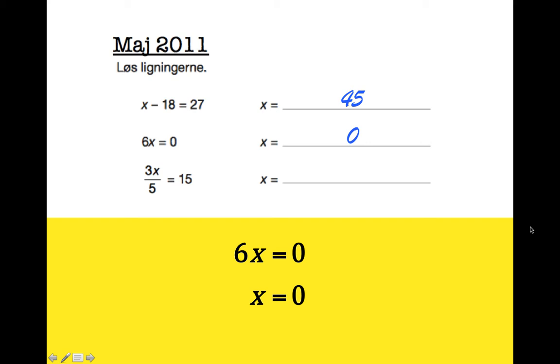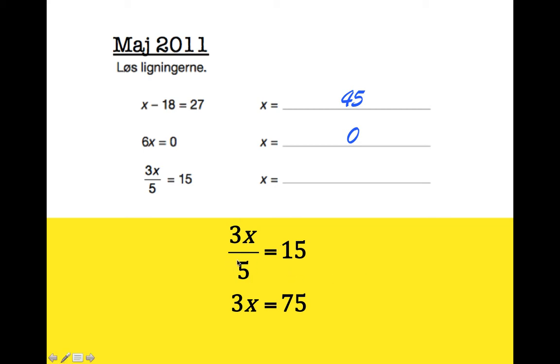Now the next one, with a fraction. These are the types that most confuse people, in my experience. 3x divided by 5 equals 15. I always like to try and get rid of the fraction first. So the fraction says divide by 5, so you get rid of that by multiplying everything by 5 on both sides.